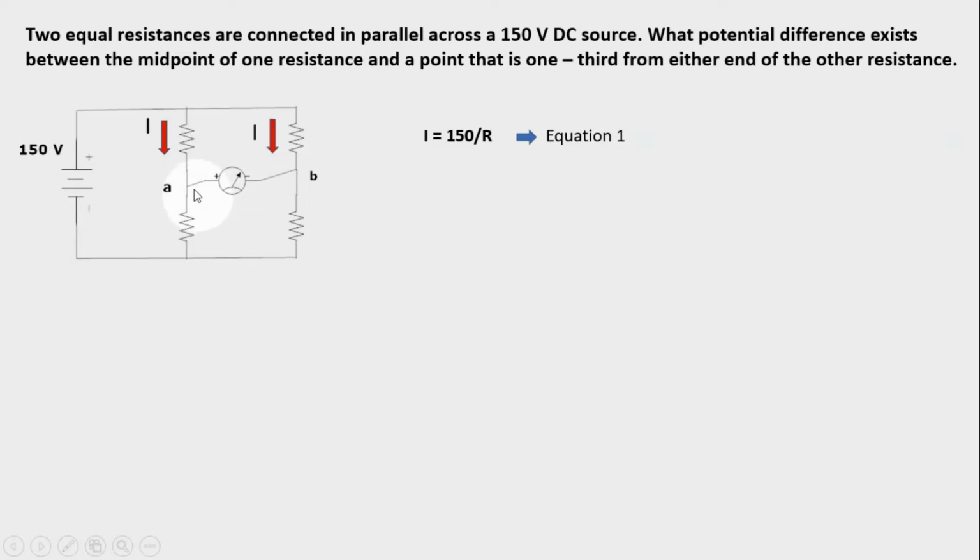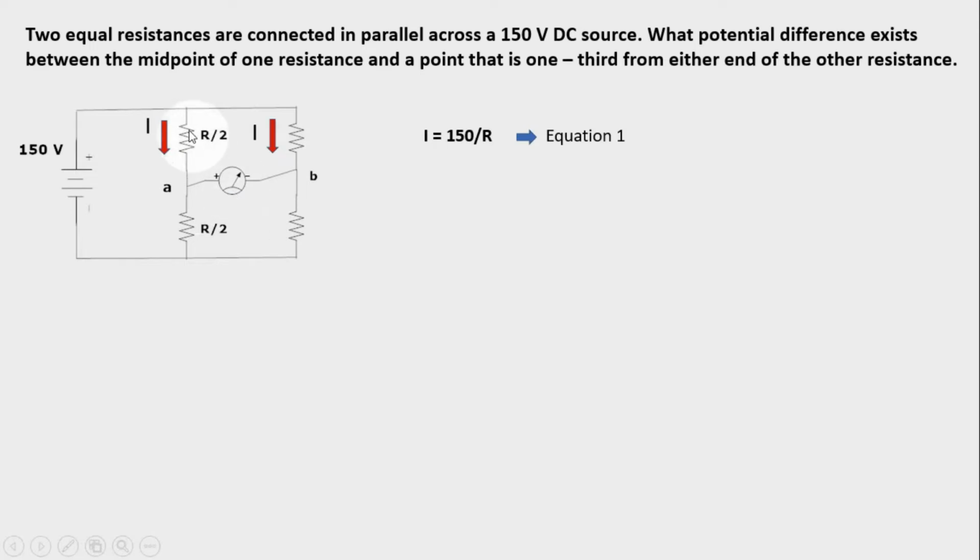So I'm assuming that A is my positive polarity and B is my negative polarity. You can also assume A as negative or B as positive, but for me I place it as this one. So this is positive and that is negative.